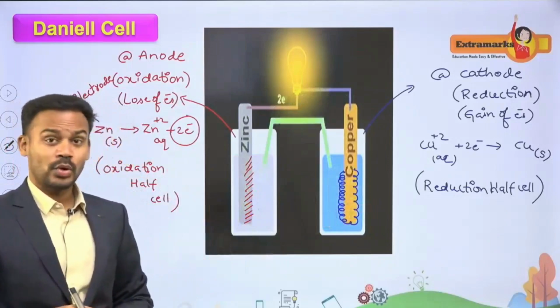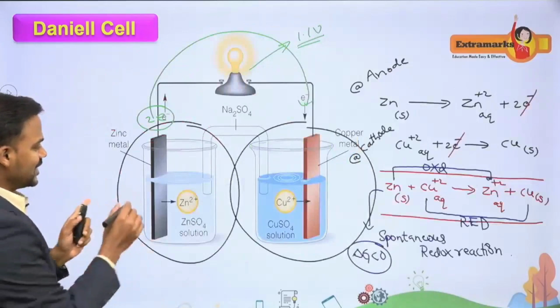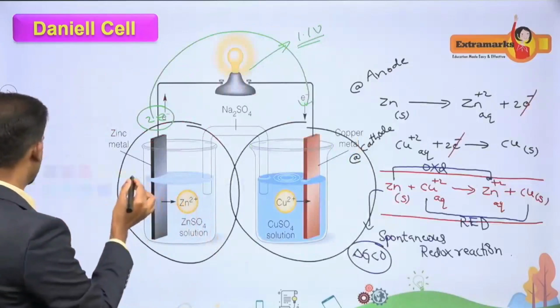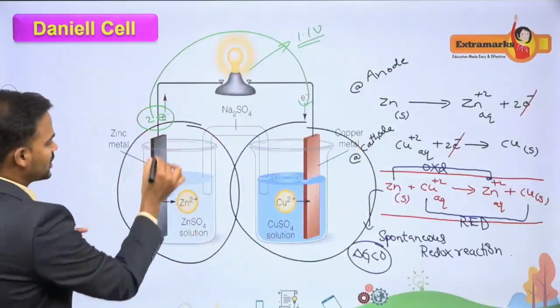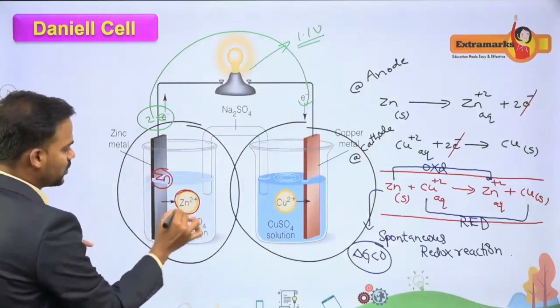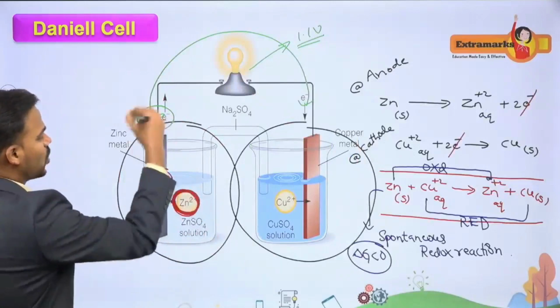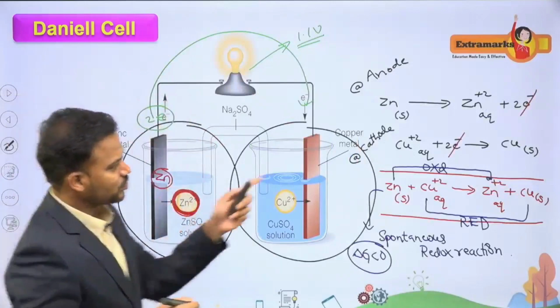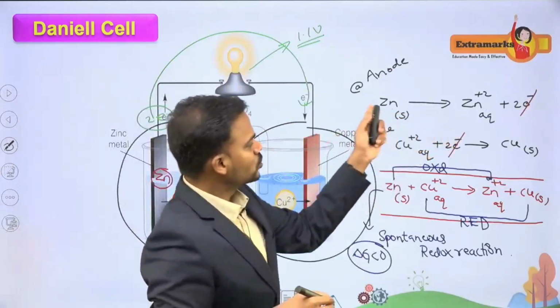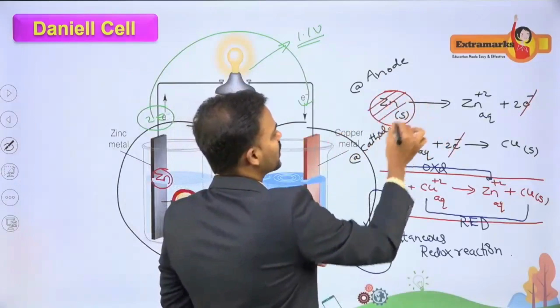To avoid that, and one more thing, if you observe here, see what is happening. Tell me. The zinc is converting into Zn2+ ions. The zinc electrode is converting into Zn2+ ions. If this process is increasing, what is happening? Tell me. What is the oxidation process? This is the oxidation process. As the zinc is getting dissolved, it converts into what?